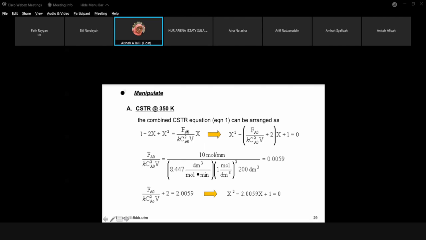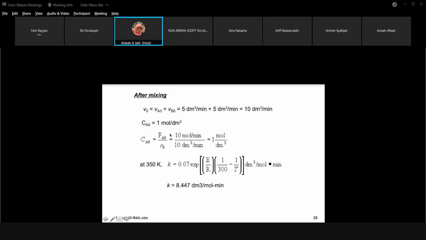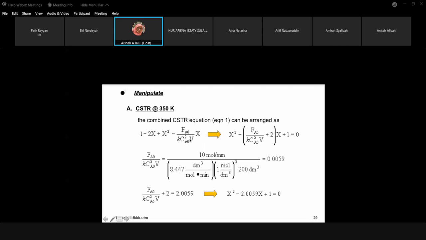You can get it like this. Why can you get it like this? Can you understand how they got it?